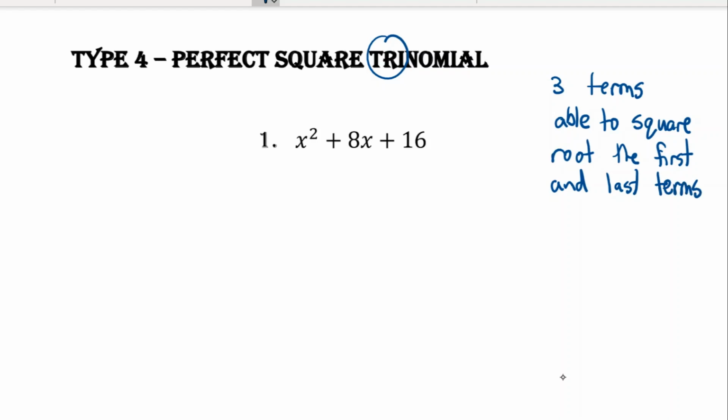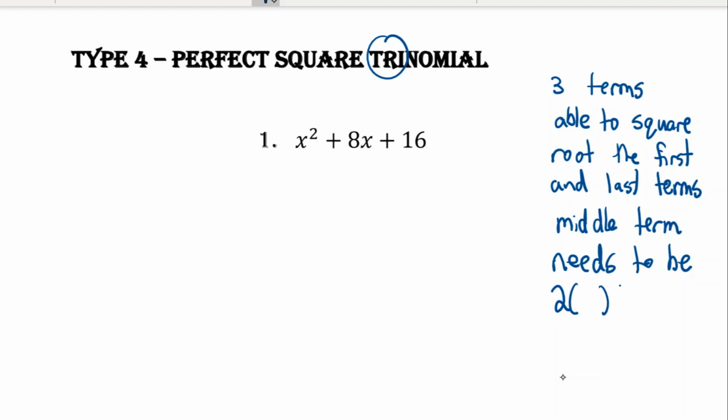And we also need the middle term to have the pattern of being 2 times my result times the other result.